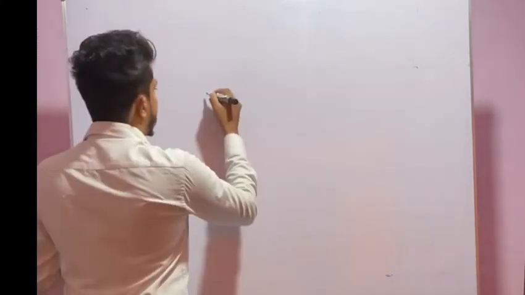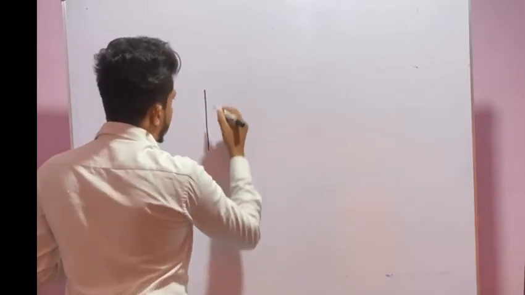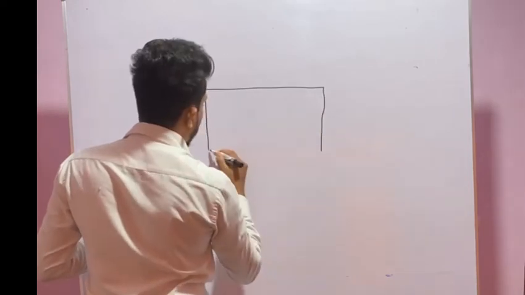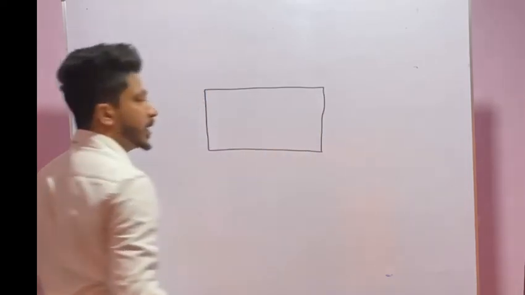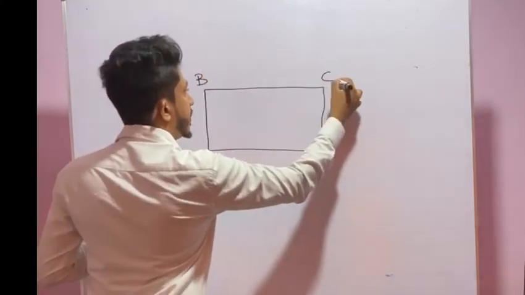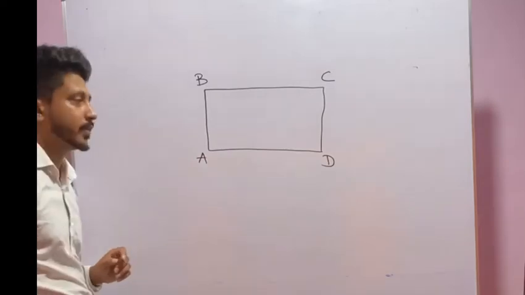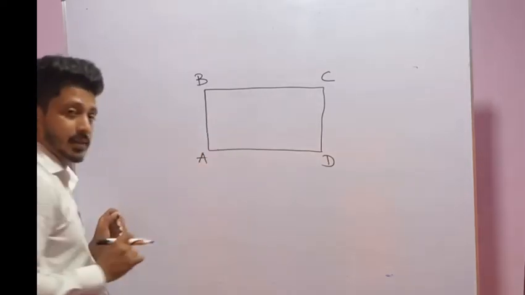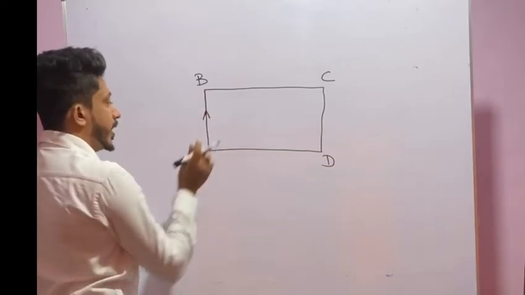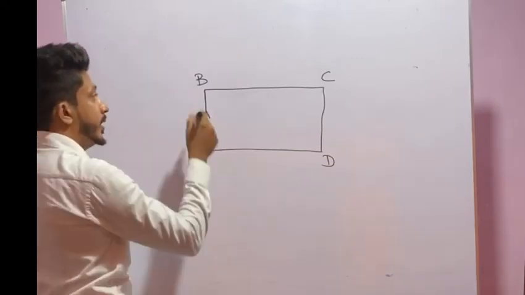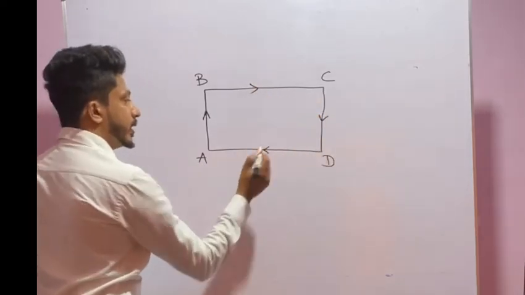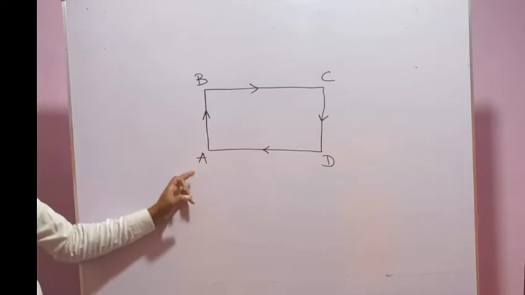Let's consider a path with the shape of a rectangle. This is A, this is B, this is C, and this is D. A person has traveled from A to B. Start point is A, from A to B, then B to C, C to D, and then again D to A. So the end is A also.